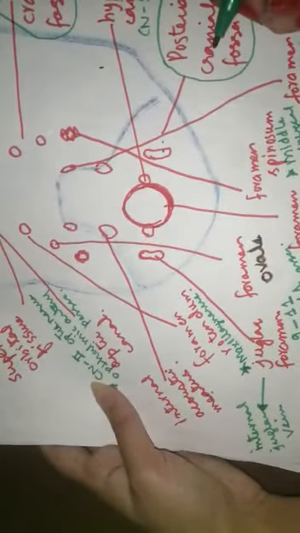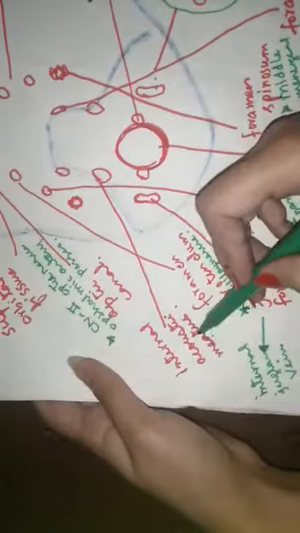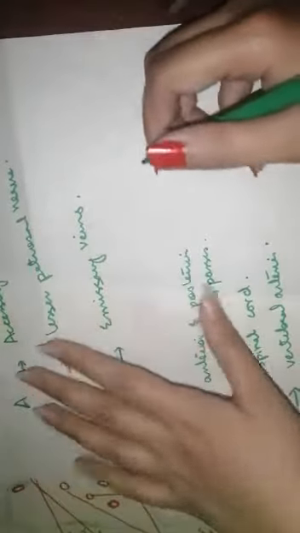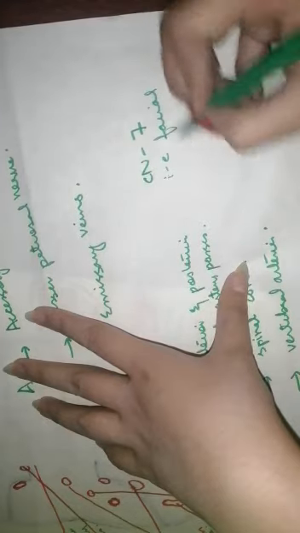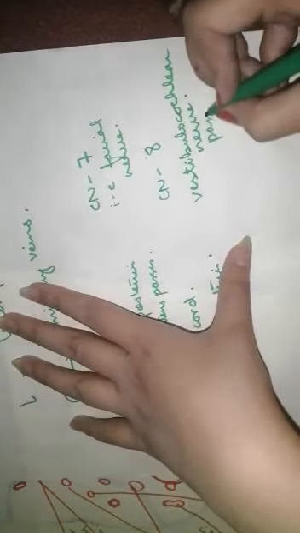So we are left with the internal acoustic meatus. So I'll discuss it here. From internal acoustic meatus, cranial nerve number 7, that is the facial nerve, and cranial nerve number 8, that is the vestibulocochlear nerve, pass.